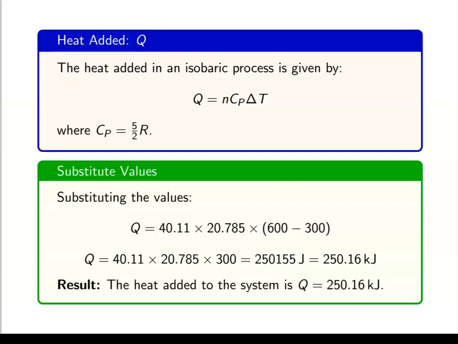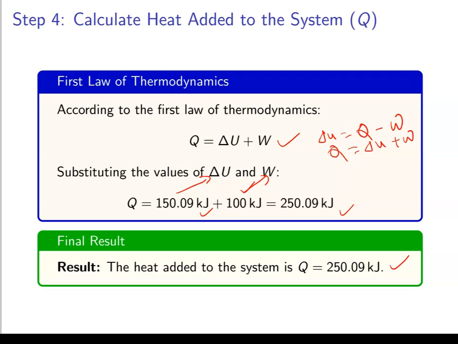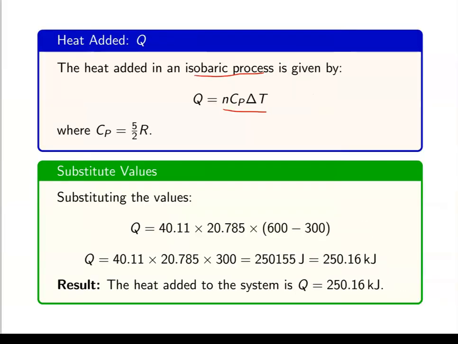Now there is another way we can calculate the heat added. Heat added in an isobaric process is given by Q is equal to N Cp delta T. We got from the first law of thermodynamics that heat added is 250.09 kilojoule, and now for the isobaric process we can easily get Q from N Cp delta T. Here Cp is 5 by 2 R. Substituting the values, Q is N, 40.11, then Cp value 5 by 2 into R, that is 20.785, then T2 minus T1.